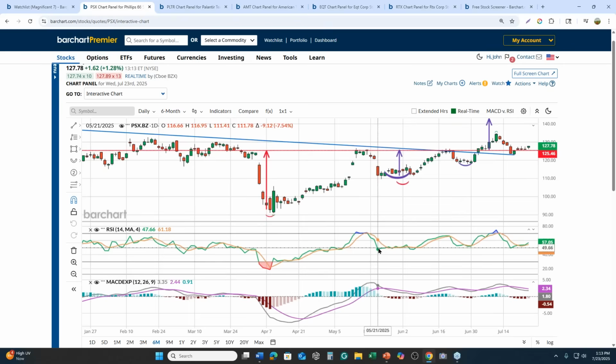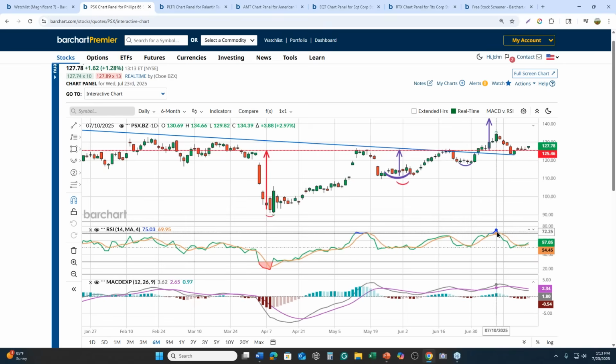Sometimes it'll penetrate, but it should not go below 40%. And so you can see here that our cup and handle, both of those retreats, we held above 50% as an indication that we are in an uptrend. And then on the breakout, we can see a rising RSI that had yet to reach the overbought conditions.